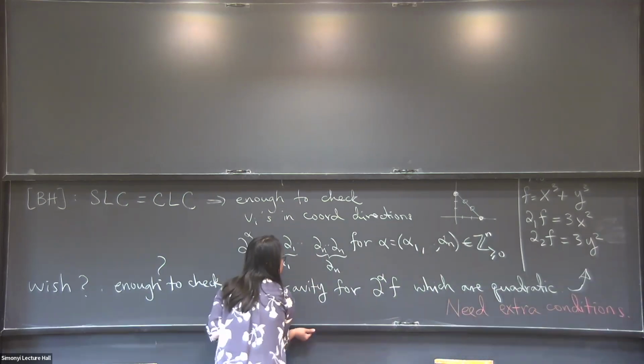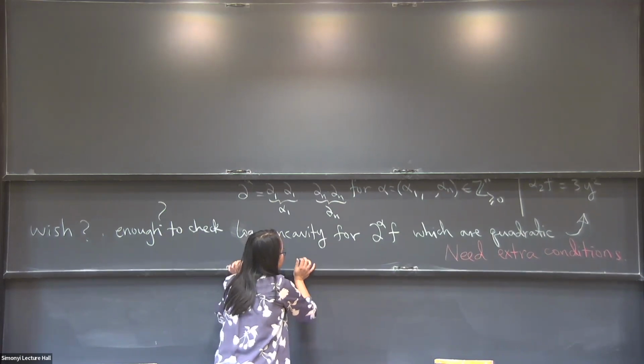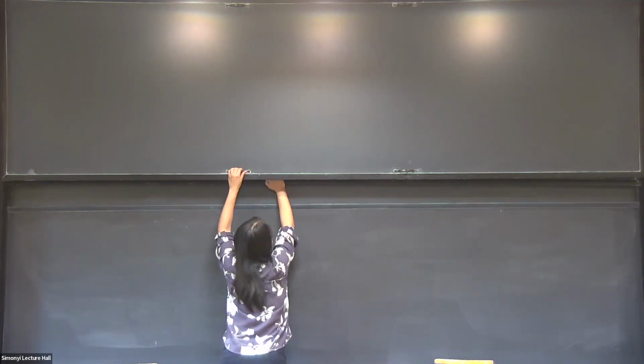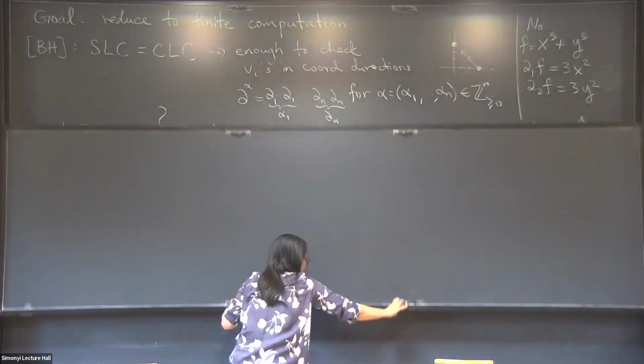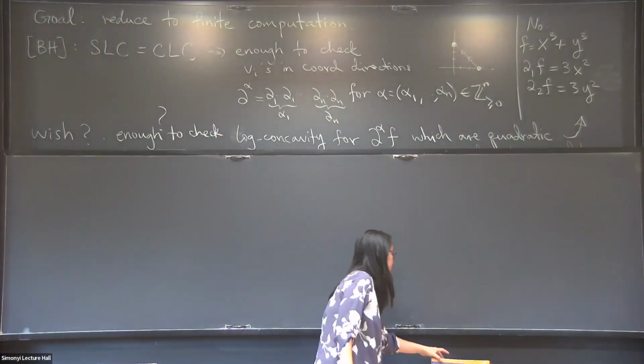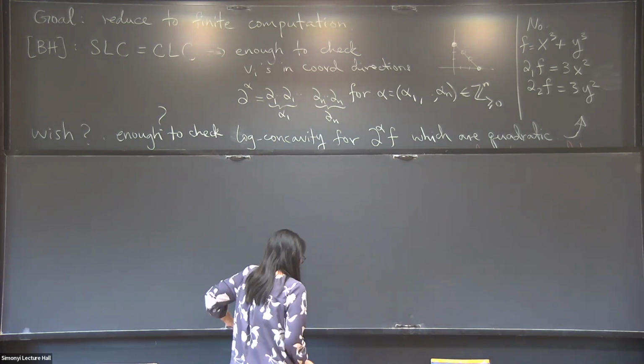I want to give you a different combinatorial condition, which is interesting in its own right. It's not just for computation, but it is important in the study of Lorentzian polynomials.